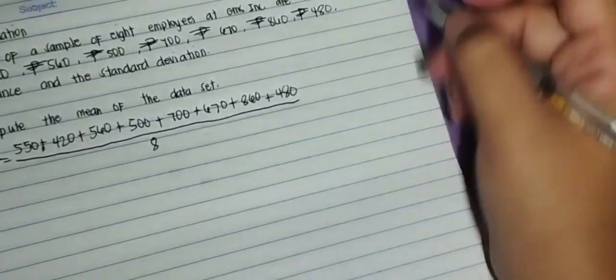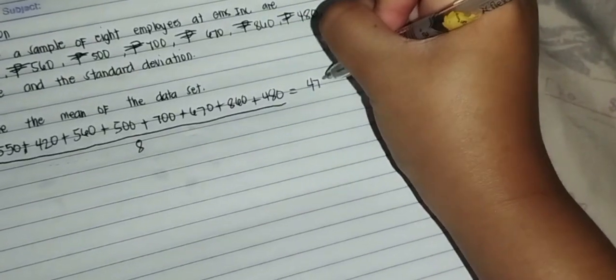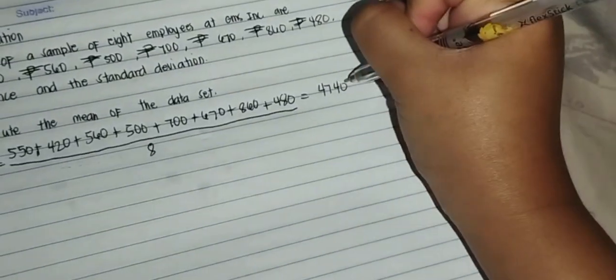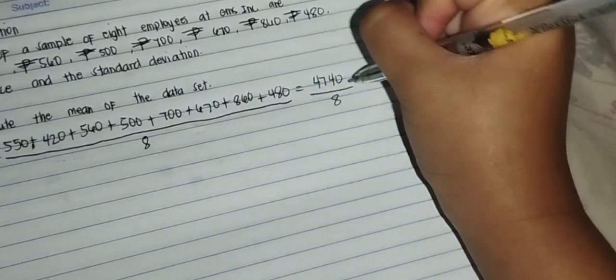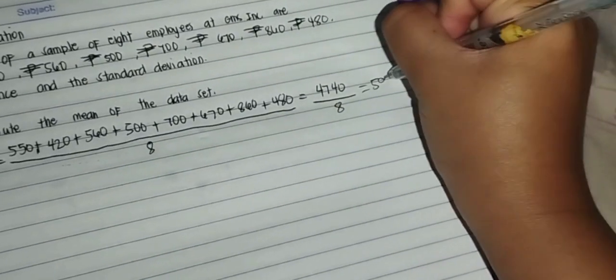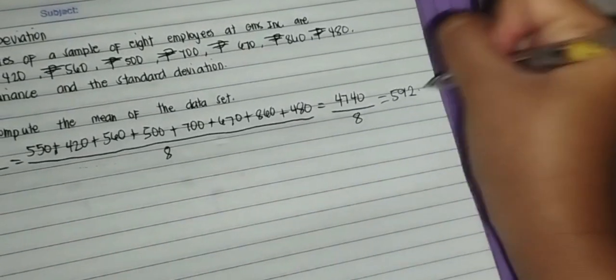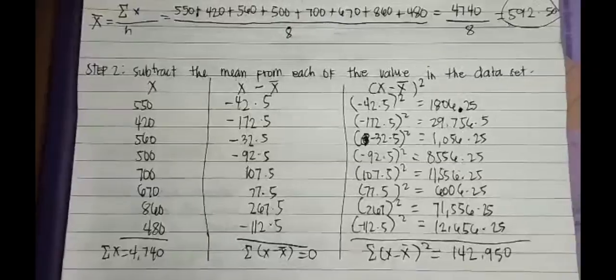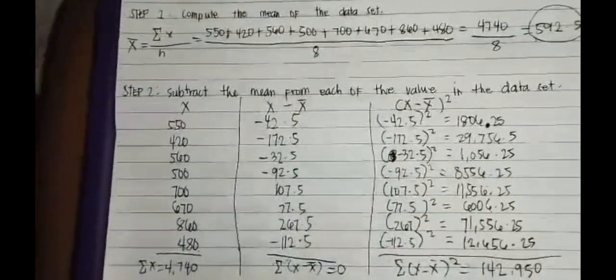Pagpa-plusin lang natin lahat ng values, is equals to 4,740 over 8. 8 dahil 8 yung n. So, 4,740 divided by 8 is equals to 592.5.